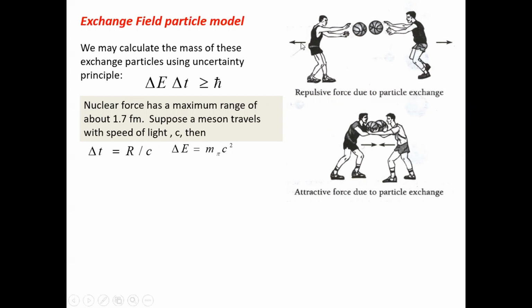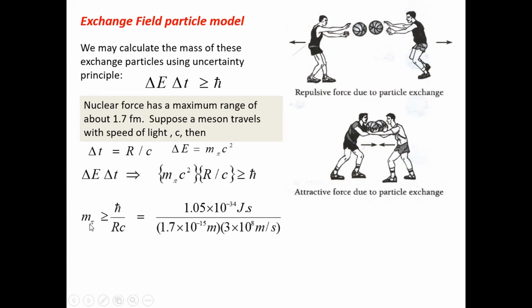And the attractive force due to particle exchange can be where they are being exchanged and the attractive force is present. Now, if you want to find out the nuclear force, it has a maximum range of 1.7 femtometer. Suppose a meson travels with the speed of light, then the energy is mc squared, and the time taken is r divided by c. R is the radius of the nucleus.